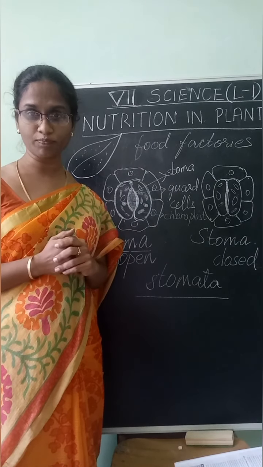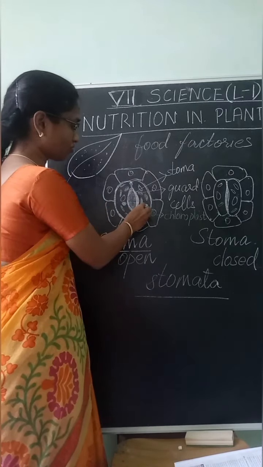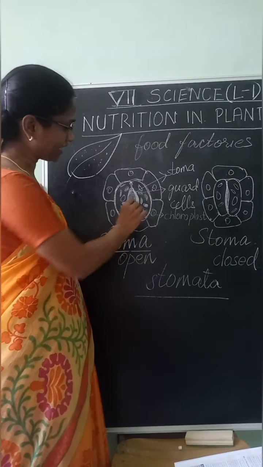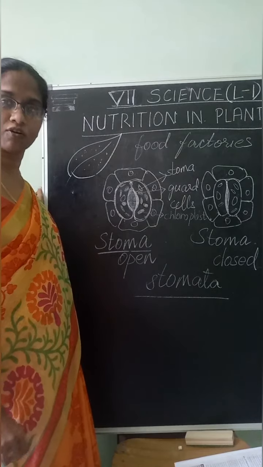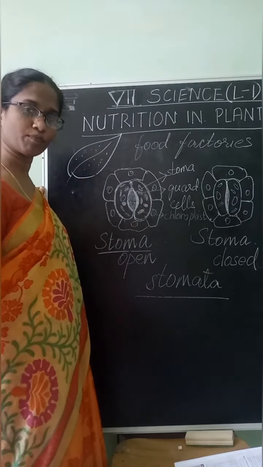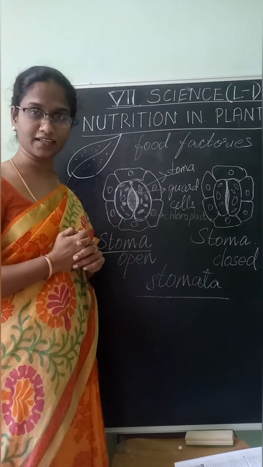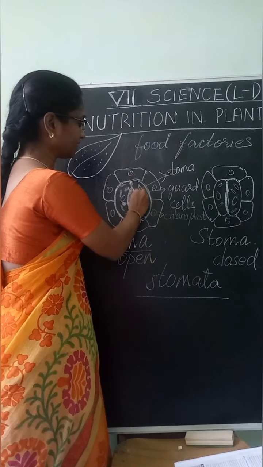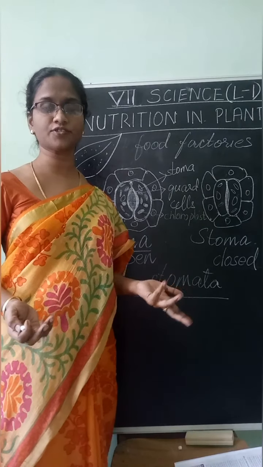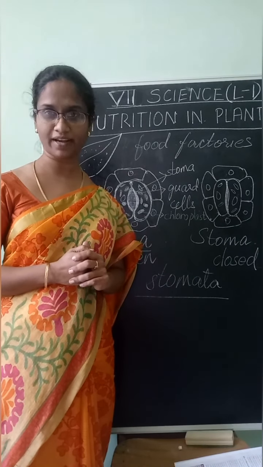Now, what are these chloroplasts? I told you these are the chloroplasts present in the cells, and they contain a green pigment called chlorophyll. These guard cells have plenty of chloroplasts, so they appear darker, and also they have very thick walls. Because of these two reasons, you can see them very clearly under the microscope.